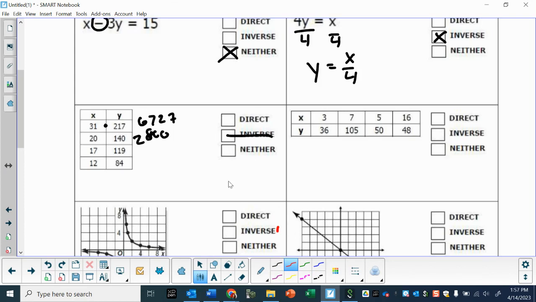To check for direct variation, to find k, we would do y divided by x.